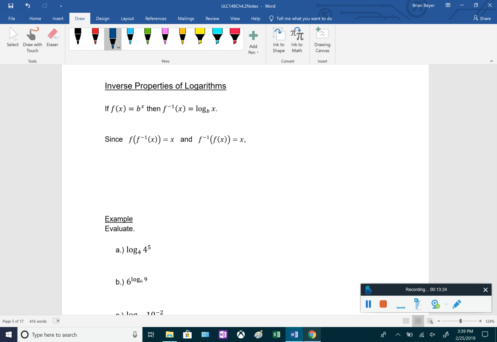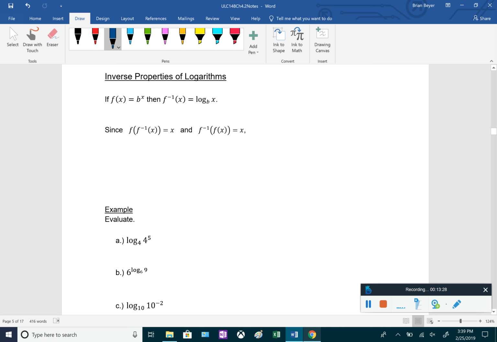What that means, if you remember back to inverse properties of functions, is that f of f inverse of x equals x, and f inverse of f of x also equals x. So when you take an inverse function as the input to the function, essentially everything cancels except for the x.